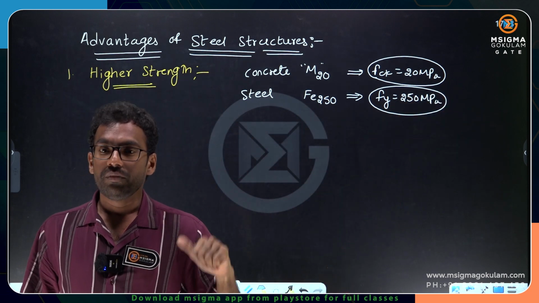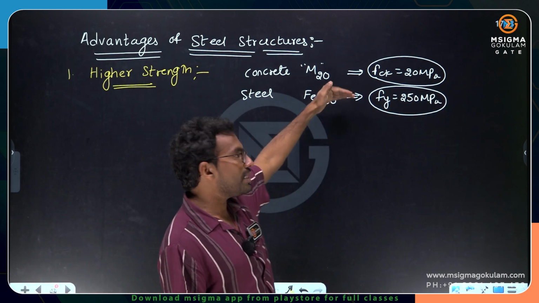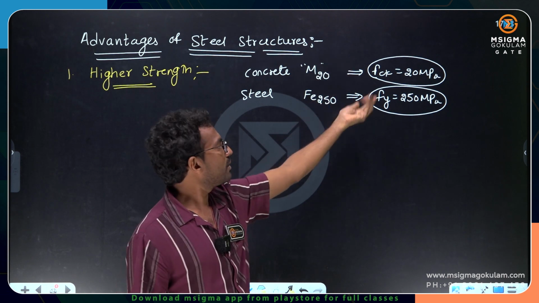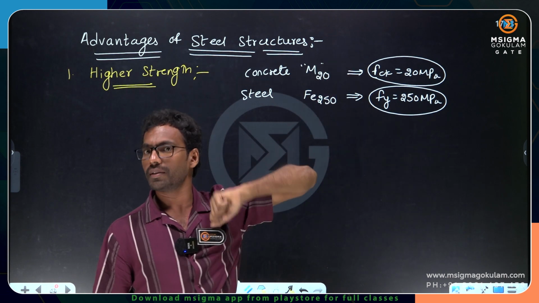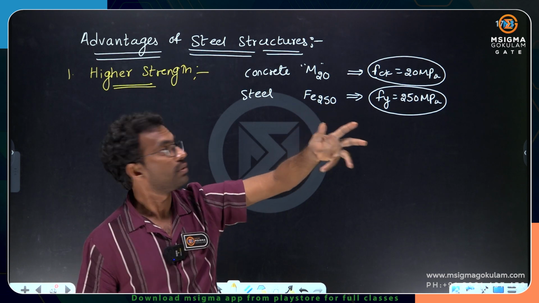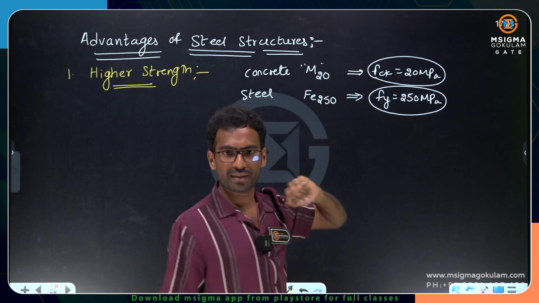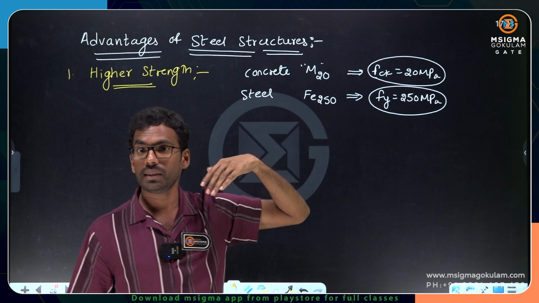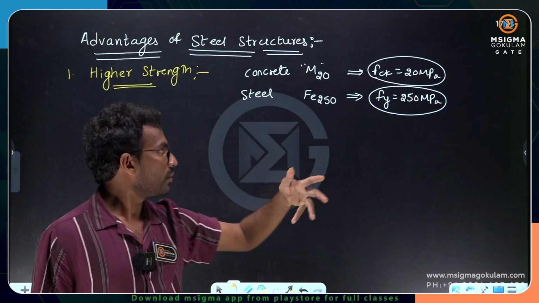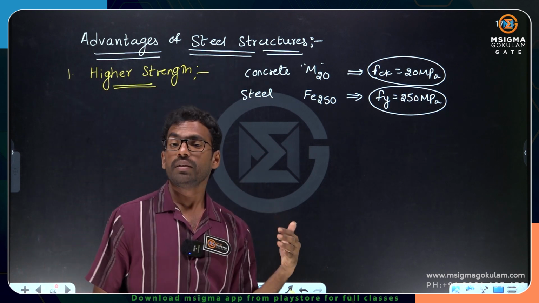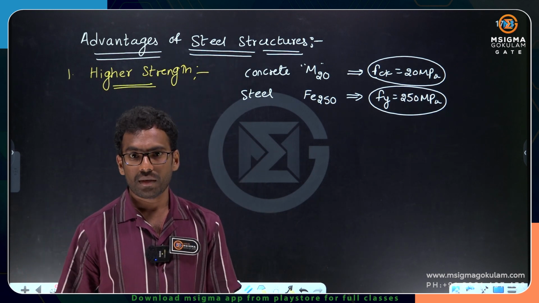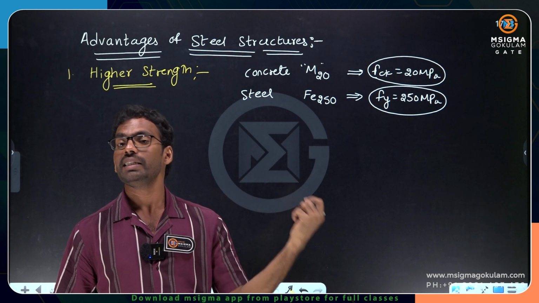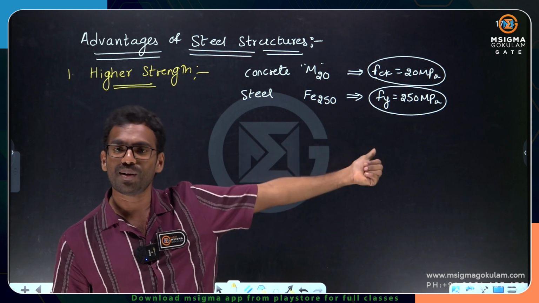Which means that steel is having higher strength when compared to concrete. How much? Look at here, 250 by 20. You will get more than 10 and up to 12. Exactly 12. So 10 to 12 times higher strength the steel is having when compared to the concrete.